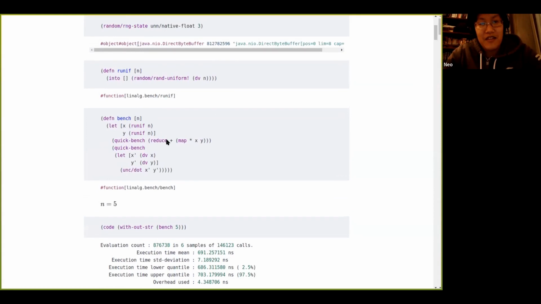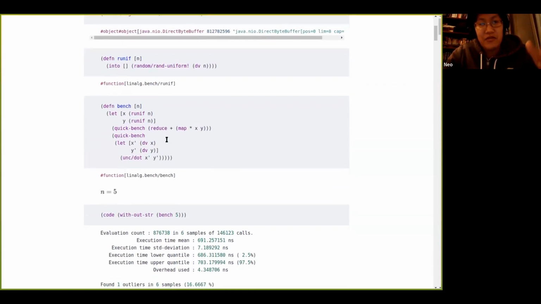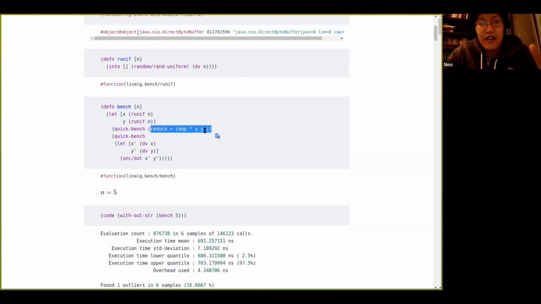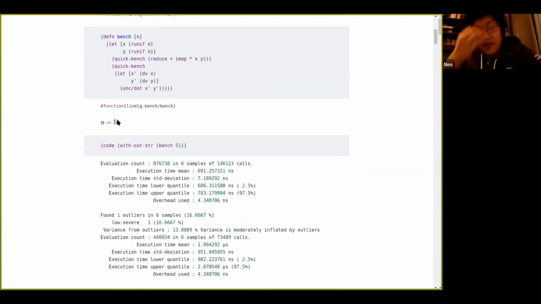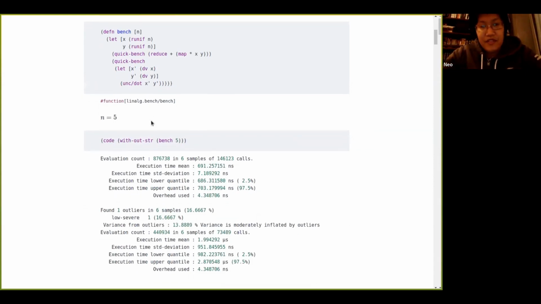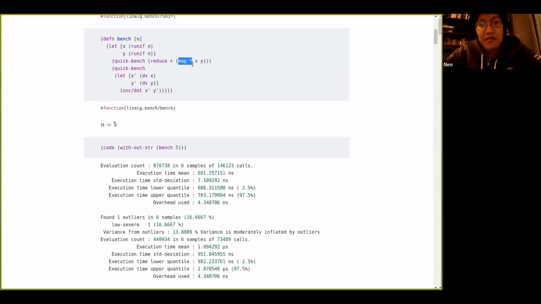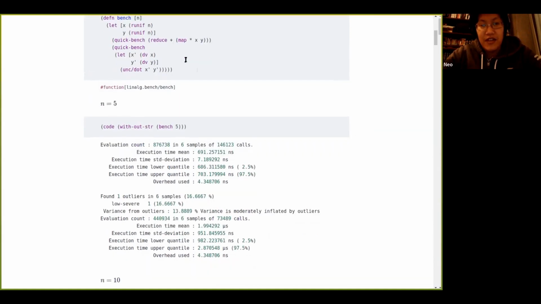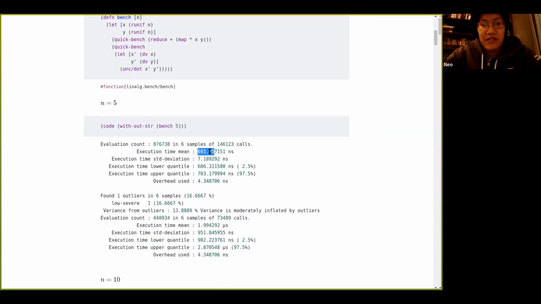So in this notebook, here is the dot product, and I'm computing this benchmark for different matrix sizes or vector sizes. Here for a vector of 5, if you do the naive implementation with just Clojure, it gives you 700 nanoseconds, and it would take you 2 microseconds with Neanderthal.